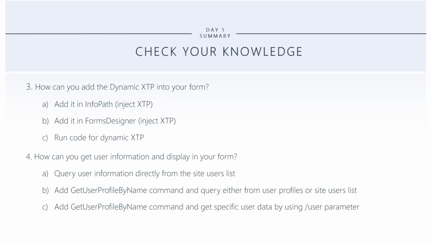Yep, correct. So Yesha used the get user profile by name, and you can use either B or C, because get user profile by name queries the user profiles and the site users list. And if you're not querying your current user, the currently logged in user, you can also opt to query other user data by using the user parameter there.